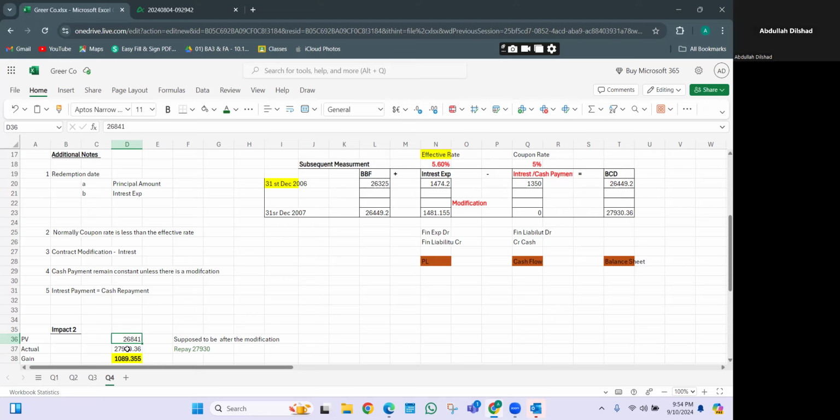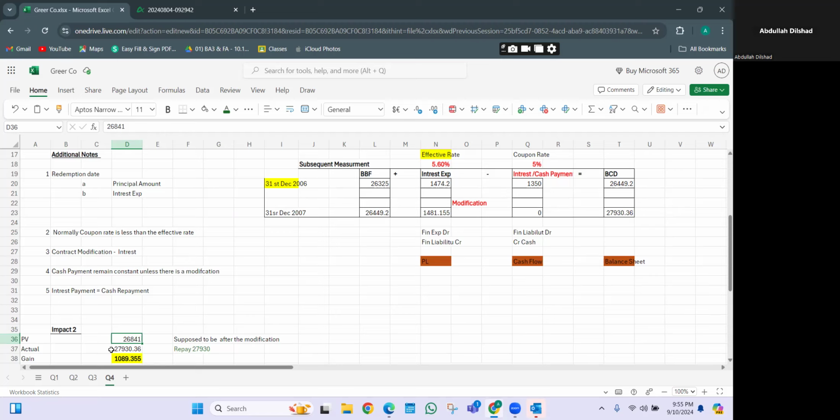Again, I'm repeating myself: as per our amortization table, we were supposed to pay 27,930, but because of the contract modification, the examiner has given us that, as at 31st December 2007, our present value is only 26,841.